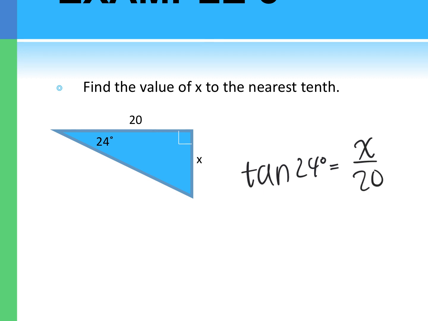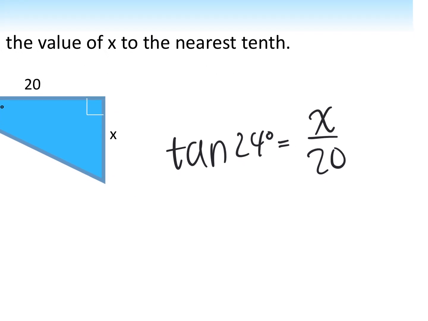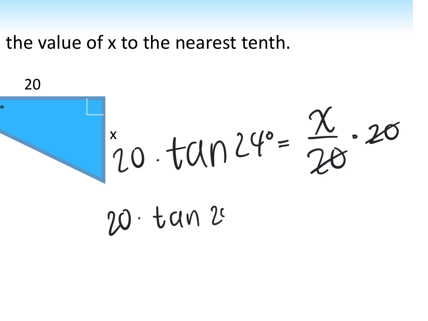Now I want you to solve for x. How would you solve for x? Multiply both sides by 20. So now in your calculator, all you're doing is 20 times the tangent of 24 degrees, and that should give you x.